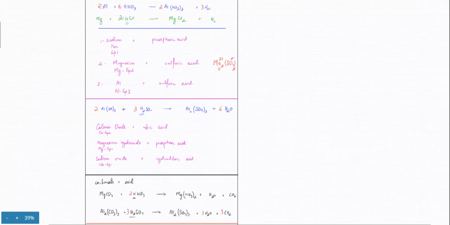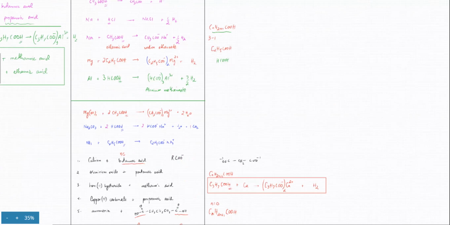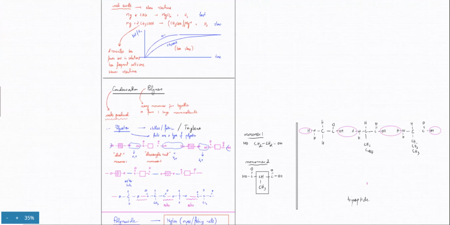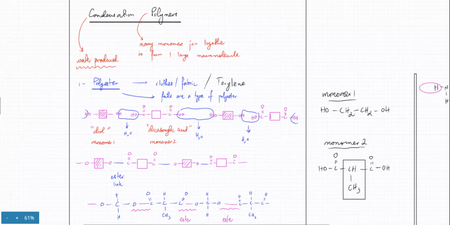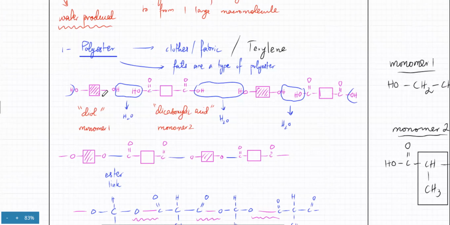We did carboxylic acids, towards the end, somewhere here. We did condensation polymers, in which water is produced. You would have a molecule that had OH on both sides and a molecule that had carboxylic acid groups on both sides, and they keep alternating. One has OH groups on both sides, an alcohol, the other has carboxylic acid groups on both sides.